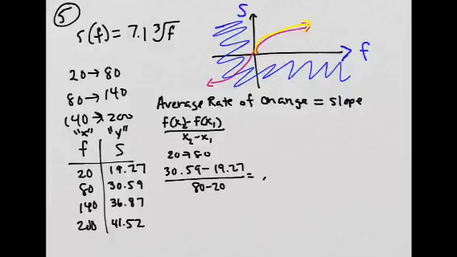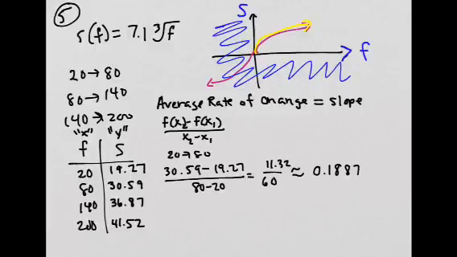So this is going to give you 60 down here. And then in the numerator we just subtract 3059 minus 1927. So that's 1132 divided by 60, so it's 0.1887.